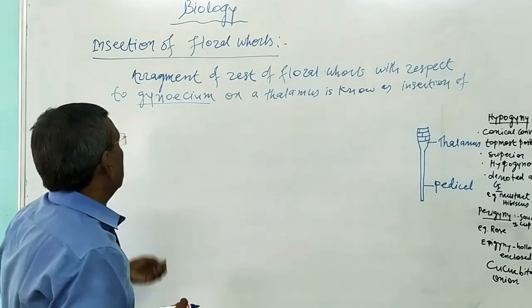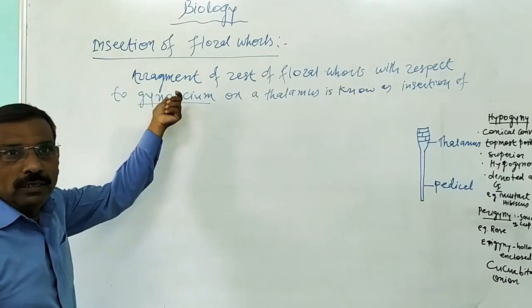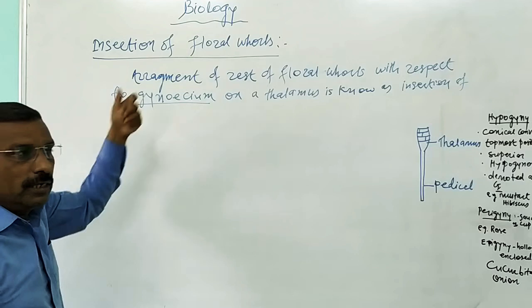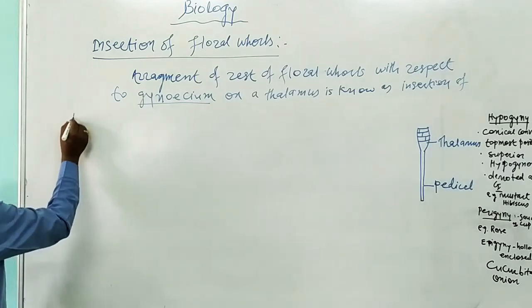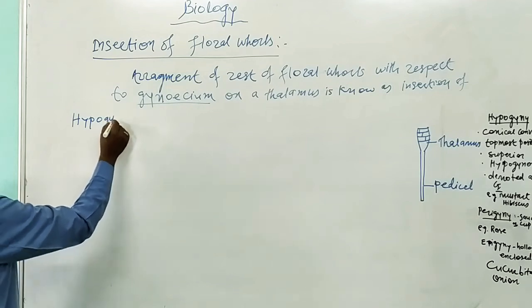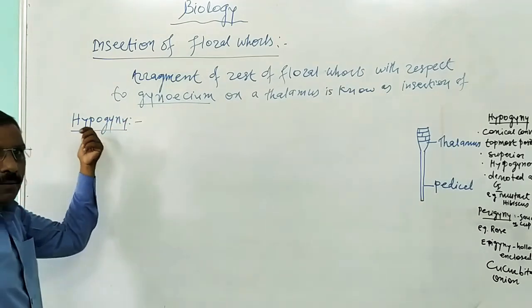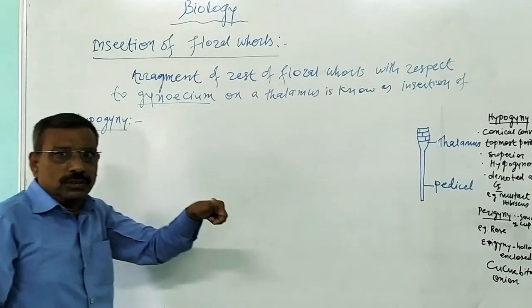Now next, in all 3 types of insertions are found in plants. First one is hypogyny. Hypo means below, gyne means gynoecium.